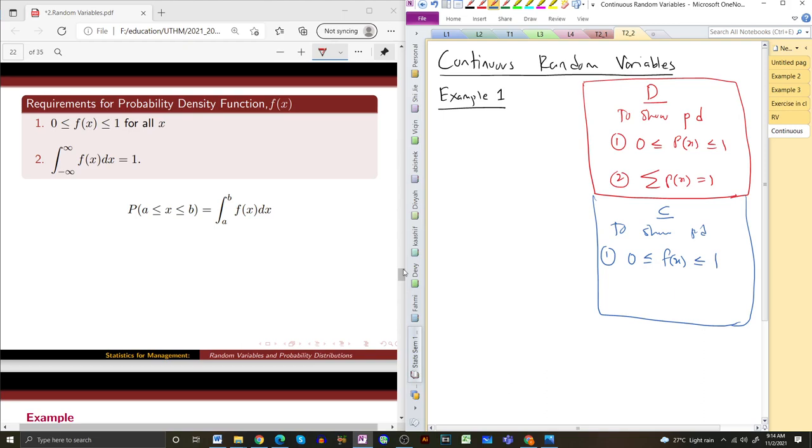And the second condition: the total probability in continuous is given by integration. Hope you guys learned integration in maths. If you integrate f(x), you should get 1.